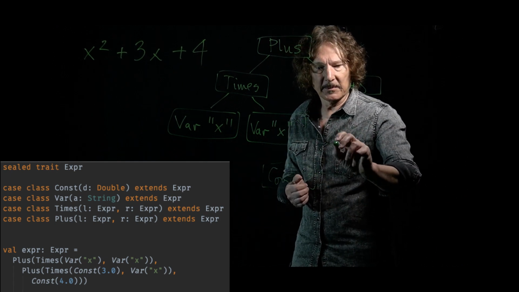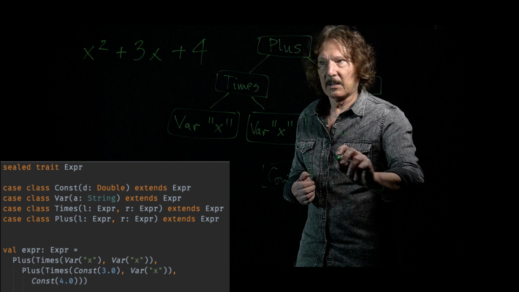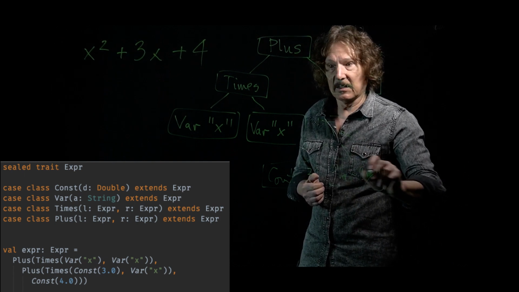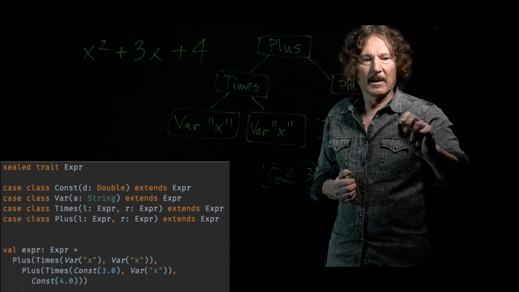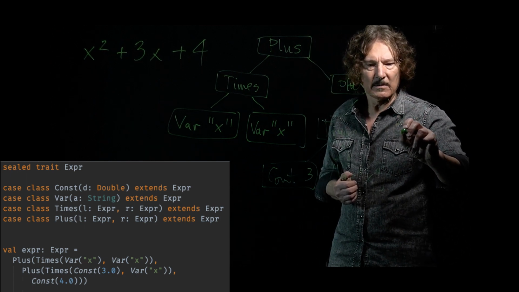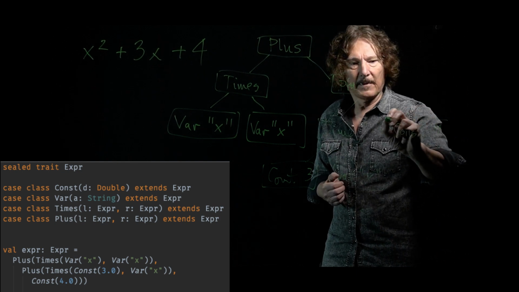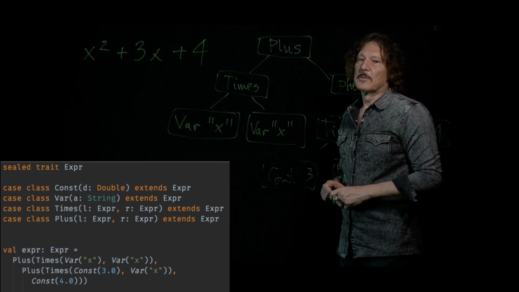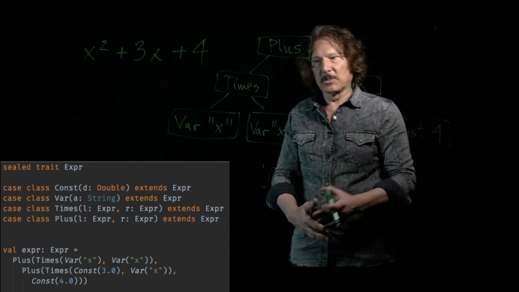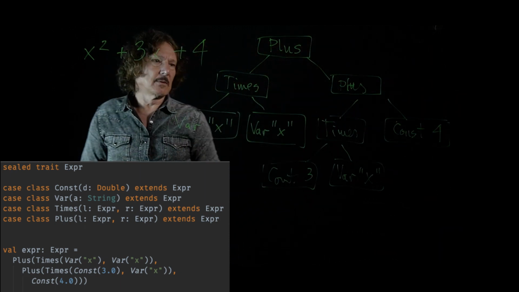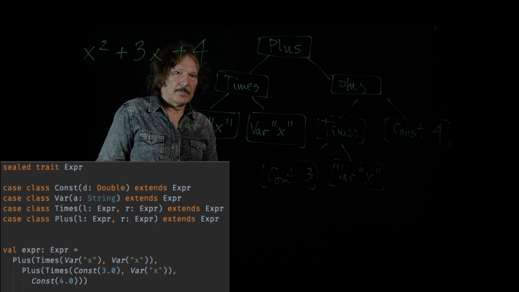So here's a double. Here we have variable x, again the same x as here. And finally, we have const 4. And so this is a graphical description of the code that we wrote on the computer.